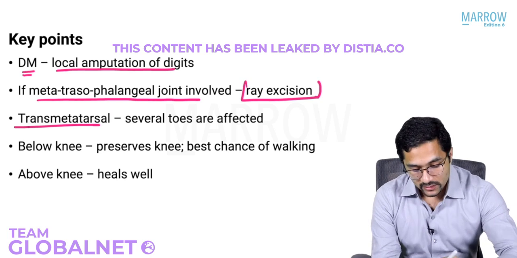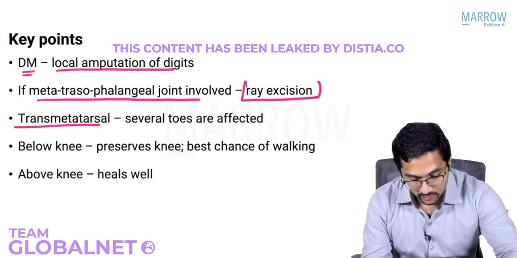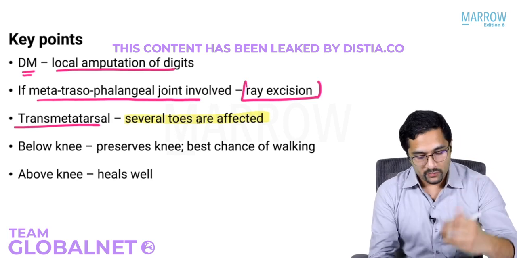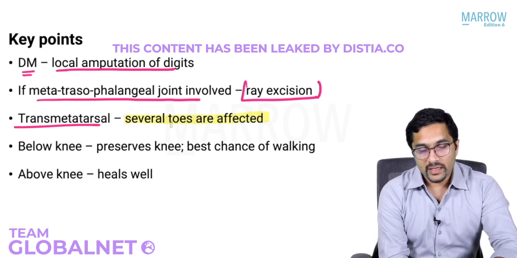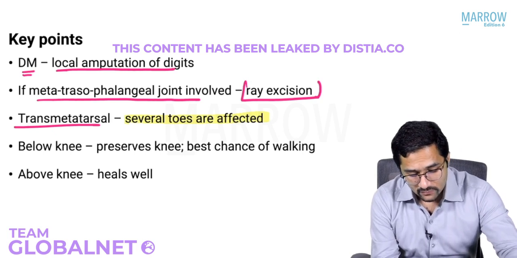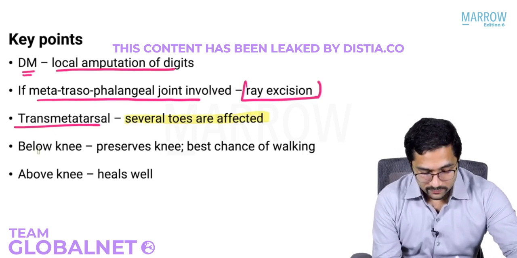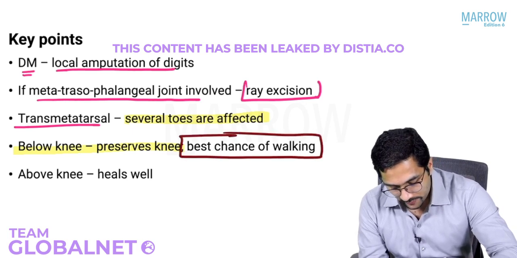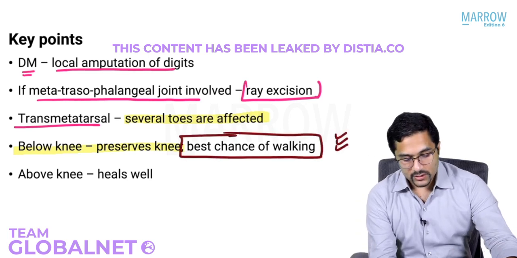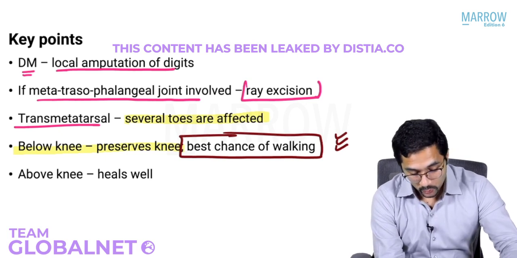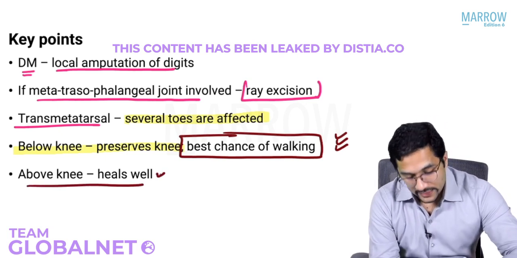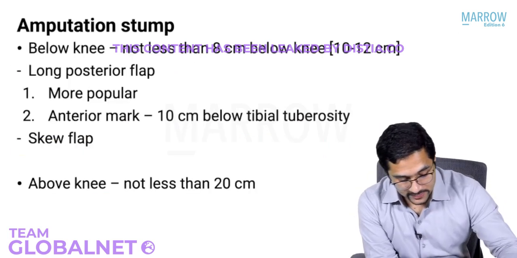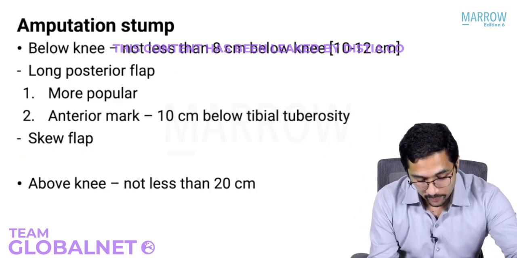Transmetatarsal amputation, when several toes are involved, like in cases of Buerger's or diabetes, then we can do a transmetatarsal amputation. Below knee amputation preserves the knee, and this gives the best chance of walking, so you should know this. Below knee and above knee, the flaps heal well.